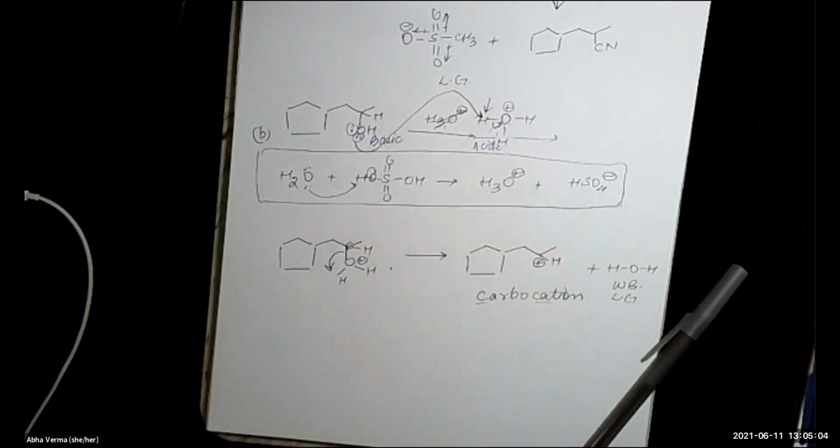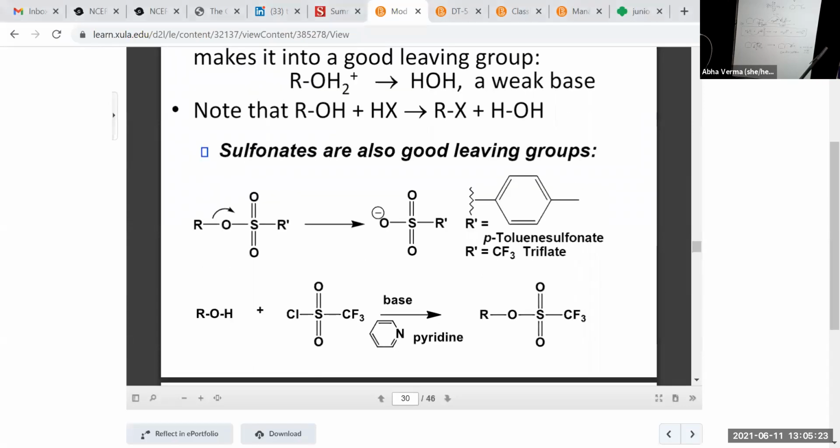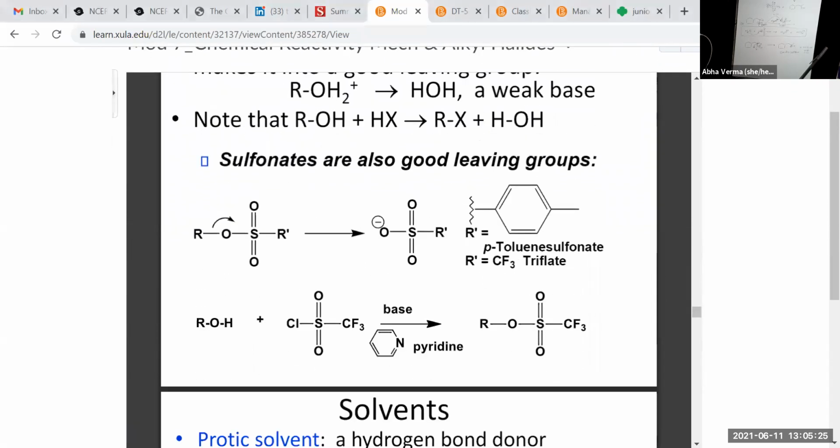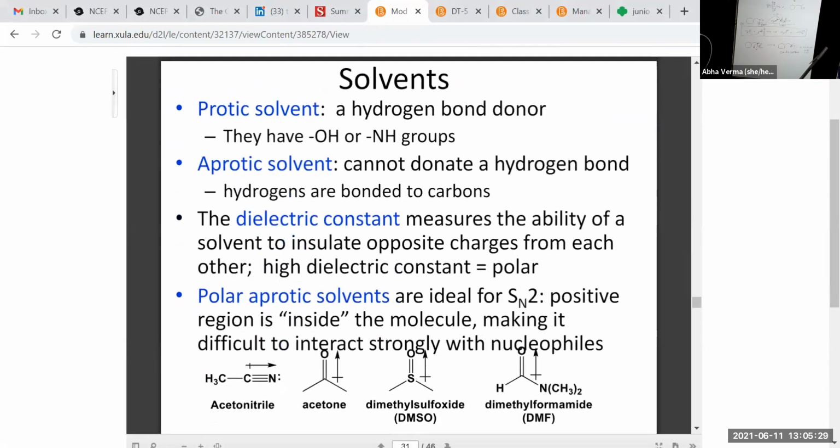And today we are also going to look at carbocations in more detail. But before that, let me quickly show you the solvents also. Okay, so this is just a repetition of your leaving groups. The solvents, and we already discussed protic materials.